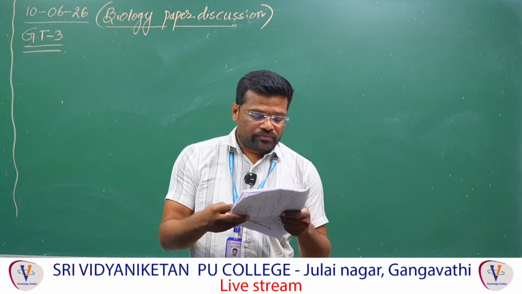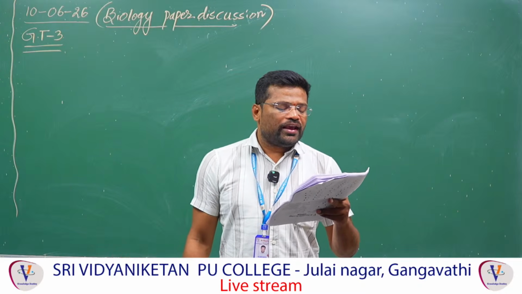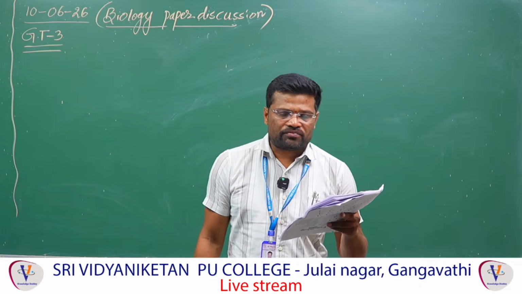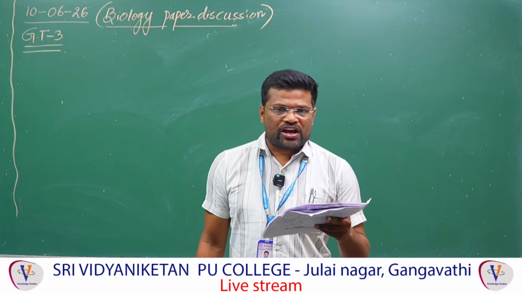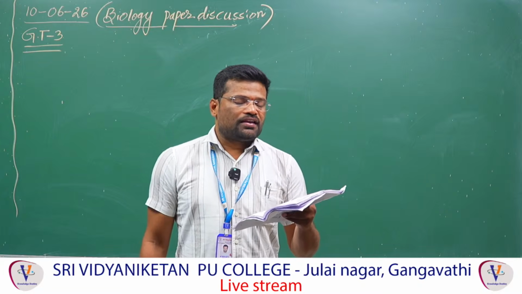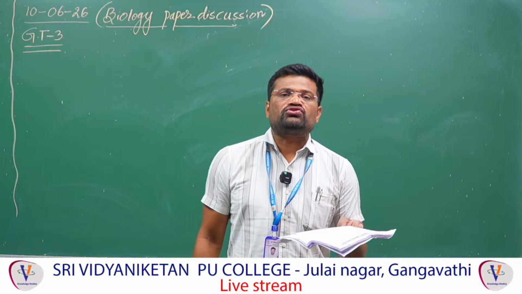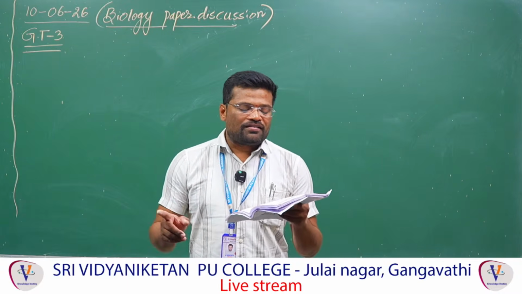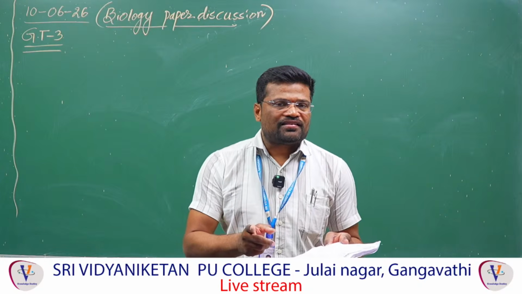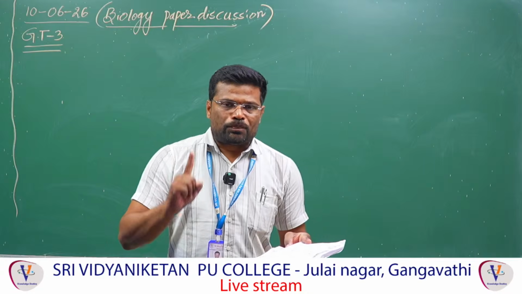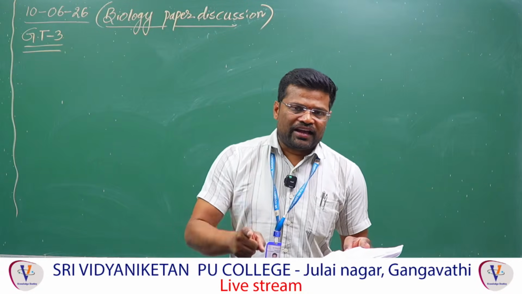And the next one, question number 94. Psilophyton is not the ancestor of. So this question comes under plant evolution, geological time scale. Option 3, Zosterophyllum. Why? Because Spenopsids are horsetails, ginkgos and ferns.